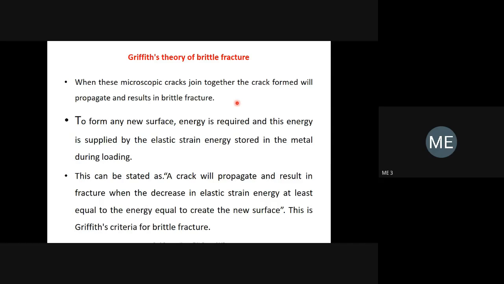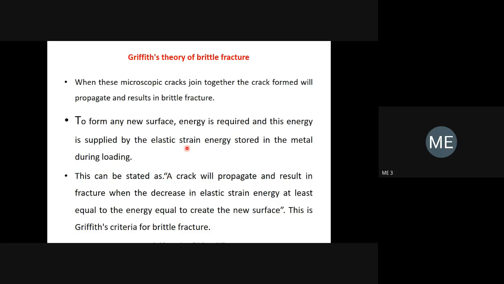Those cracks propagate and finally form the macroscopic fracture. In your lab, you saw the macroscopic crack propagation and the final failure because of fracture, but a lot of things are happening at the microscopic level that you have to remember.